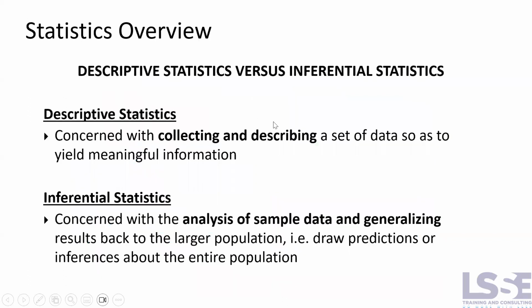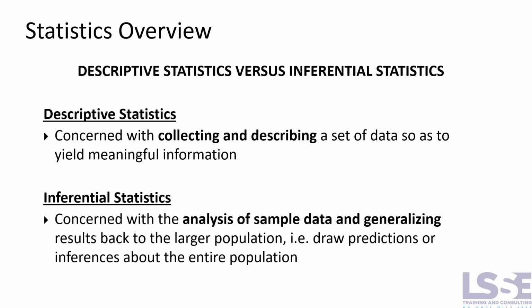So how is descriptive statistics different from inferential statistics? Descriptive statistics is simply concerned with collecting and describing. Okay, so the operative word here is descriptive. So it's about describing a set of data to yield meaningful information.